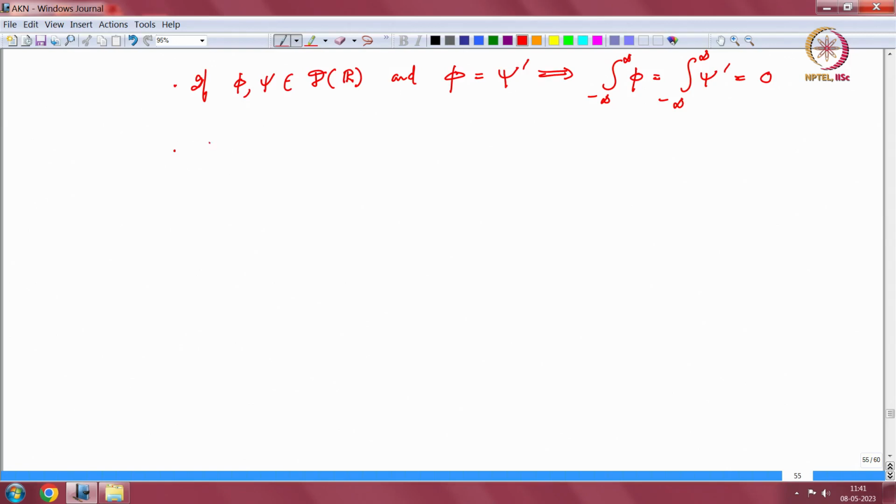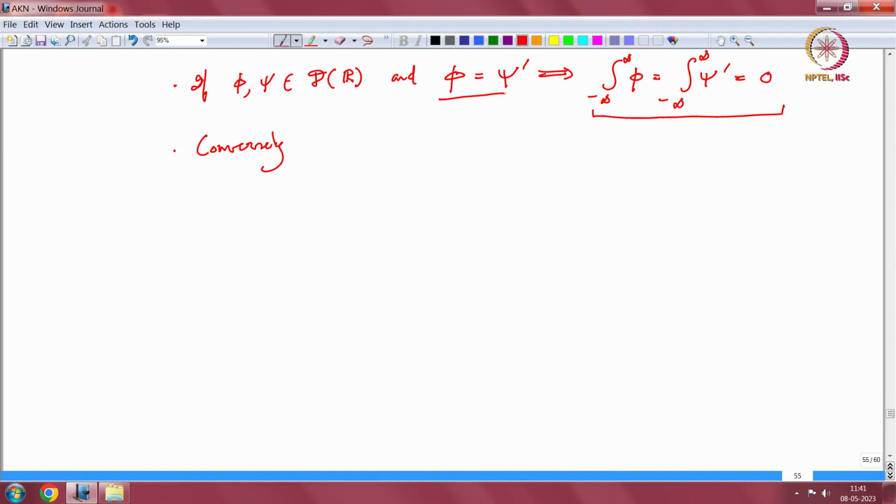Conversely, the question is: given a compactly supported function, can we write it as a derivative of another compactly supported function? This indicates that this is a necessary condition.